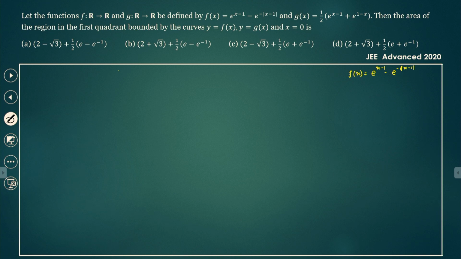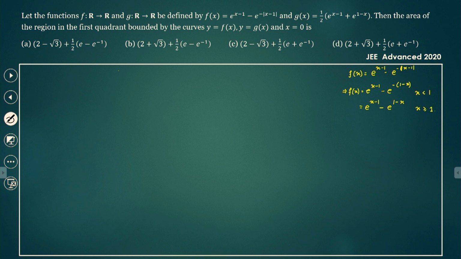That implies that f(x) becomes e to the power x minus 1 minus e to the power of minus of 1 minus x when x is less than 1, and it becomes e to the power x minus 1 minus e to the power of minus of x minus 1, so therefore it will be 1 minus x, when x is greater than or equal to 1.